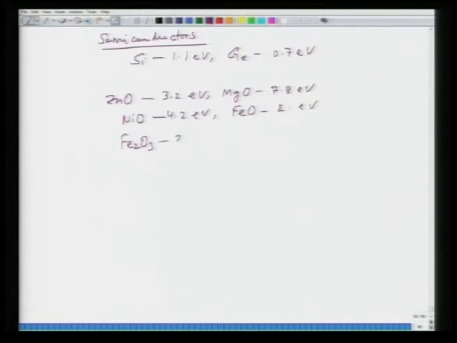Fe2O3 has about 3.1 electron volt, barium titanate, a very important material for many practical applications, is about 2.8 electron volt, and so on and so forth.